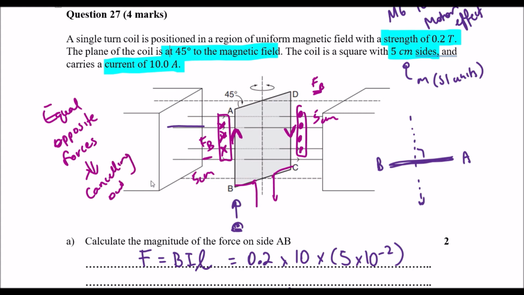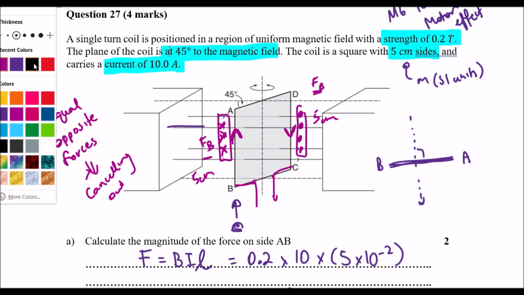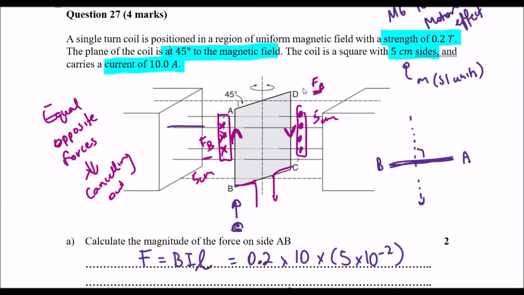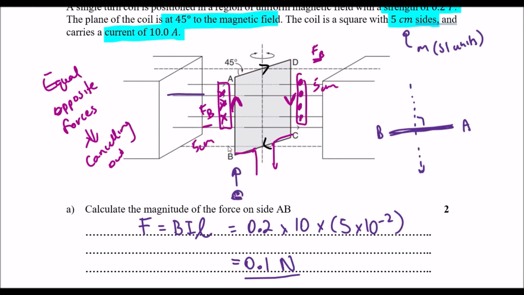So that's why there's a net force of 0 on AB and DC. If we did the exact same analysis for AD and BC, you would see the exact same thing. So you can have a go at testing with your right hand palm rule, and you get the exact same result. So that's why there's a net force of 0 on this coil here.